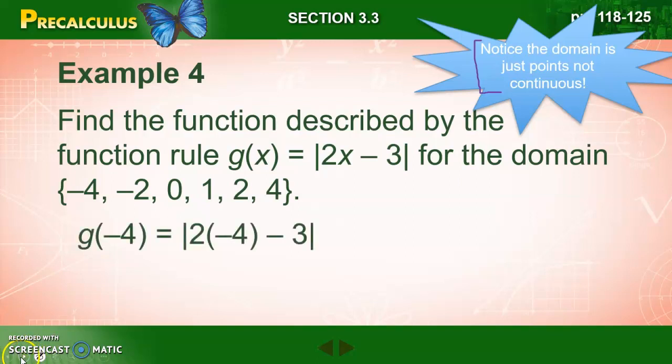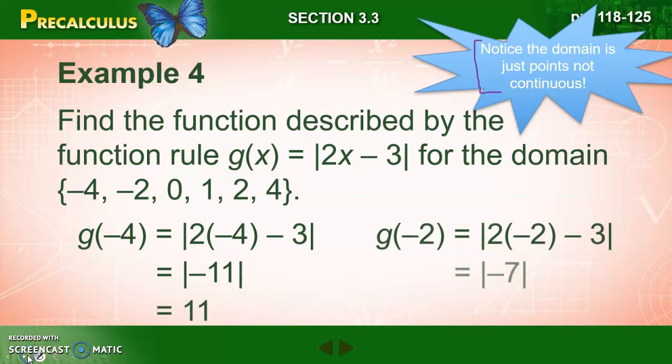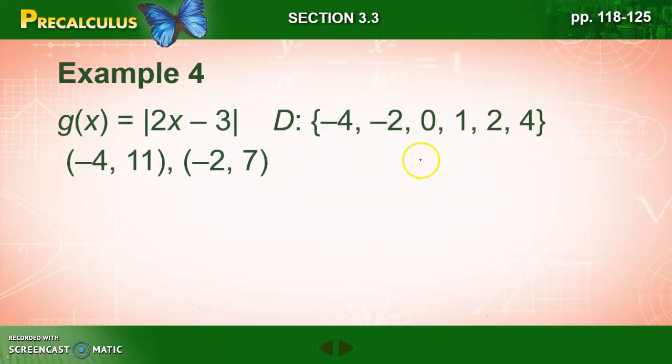We're going to plug in each of those numbers into our absolute value equation, and using order of operations, we find that g of negative 4 is the absolute value of negative 11, which we know to be 11. And g of negative 2 is the absolute value of negative 7, which we know to be 7. Okay, try the other four on your own, and then come back and check your work.